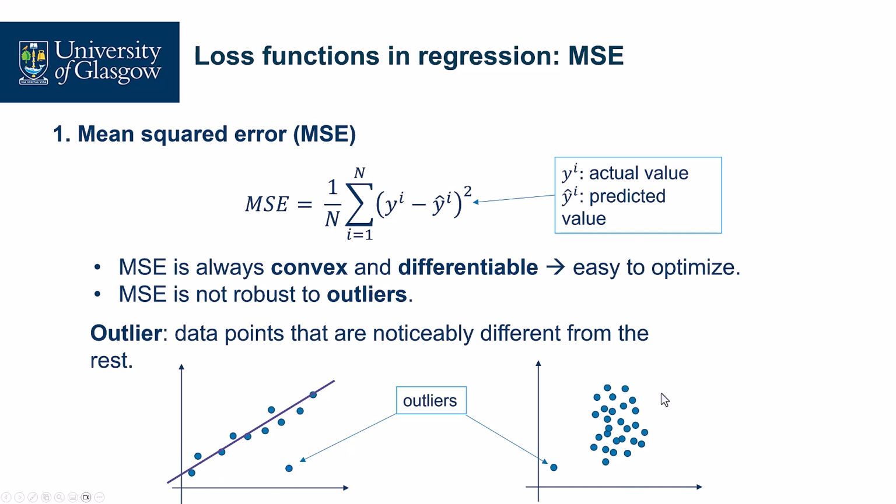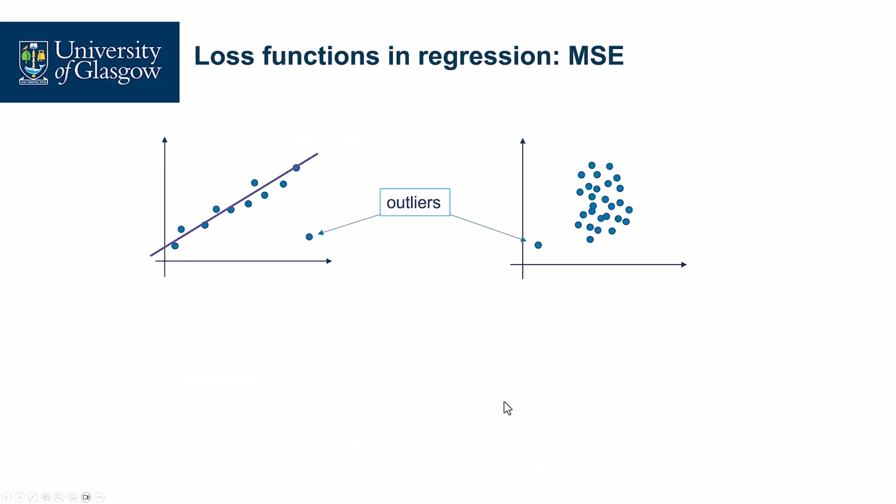And for this set of data, all are clustered here, and this one is too far from that. Often these kinds of points are caused by mistakes. So we call them outliers, right? So mean squared error is not robust to outliers, which means outliers will seriously affect the result of using the MSE function.